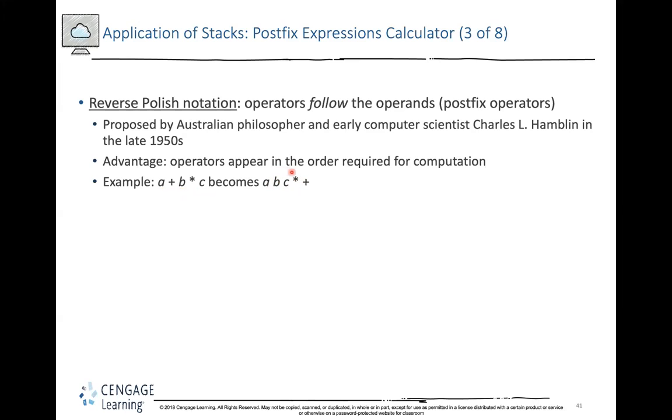When you encounter this multiplication operator, you retrieve the two operands right before it, and then you calculate this. So this becomes a new operand for the new operator. Then the next thing you encounter is the plus.